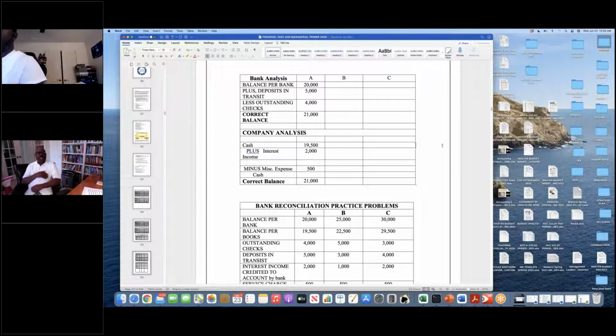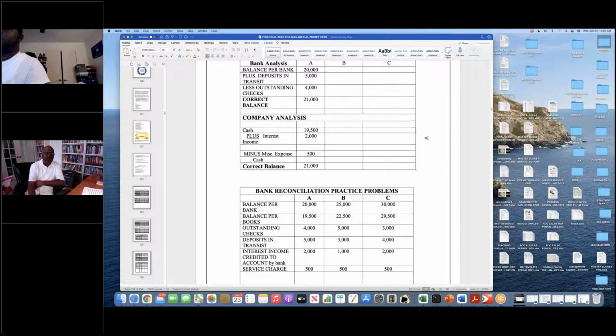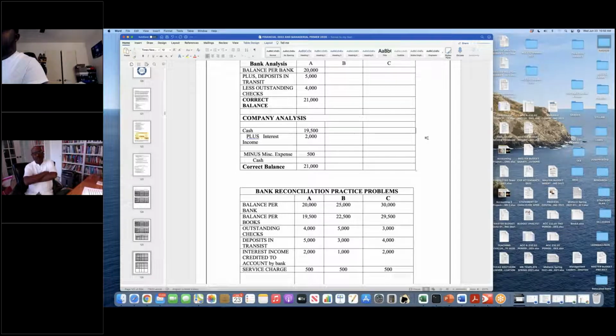Give me the correct answer in the B scenario and the correct answer in the C scenario. Or we'll just do B, and I'll let you do C at home. So you all are working to get me the correct balance in the B situation.